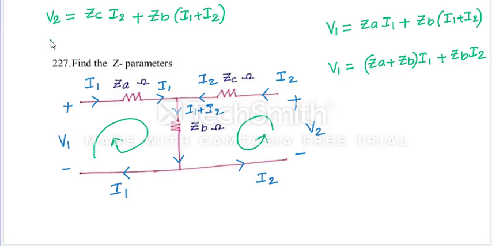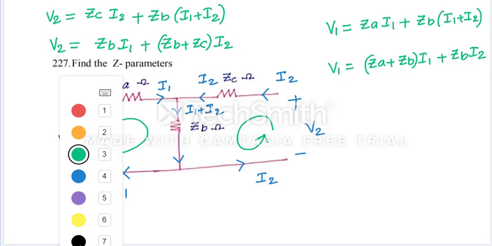So from this, V2 equal to ZB into I1 plus (ZB plus ZC) into I2.